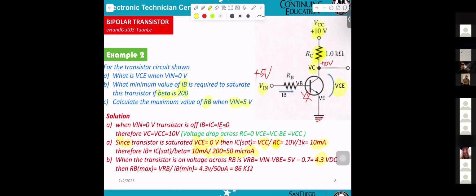Then RB maximum will be equal VRB divide IB minimum. That gives you 86 kilo ohm. Basically, if you get the time, you can read through it.